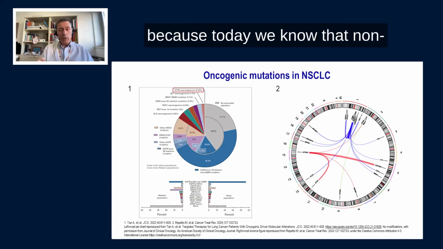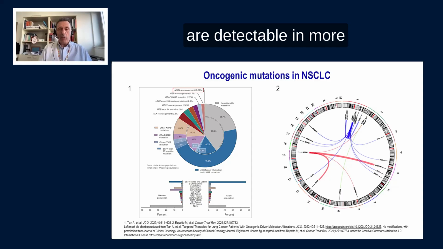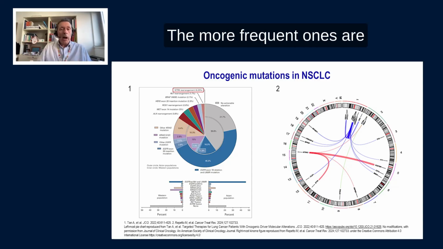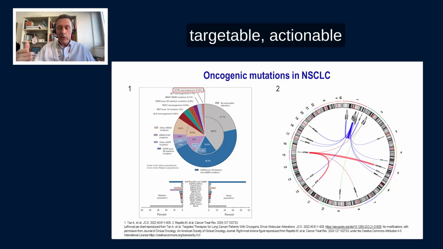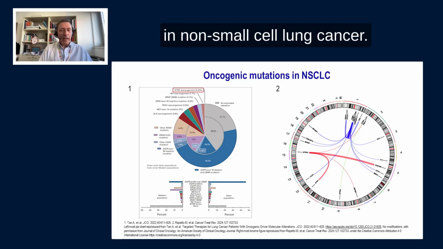This is very important because today we know that non-small cell lung cancer is more than a single disease. Oncogenic signals are detectable in more than 60% of the cases. The more frequent ones are those involved in the KRAS gene, and more than 10 targetable, actionable gene alterations are happening in non-small cell lung cancer.